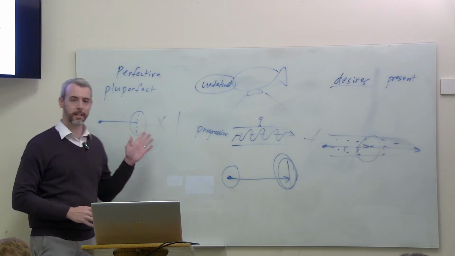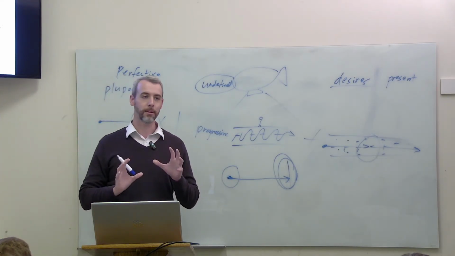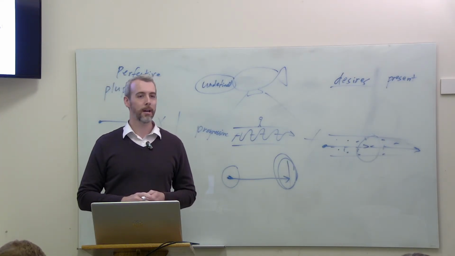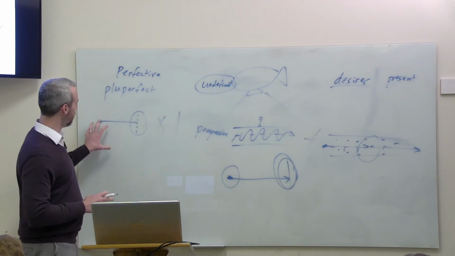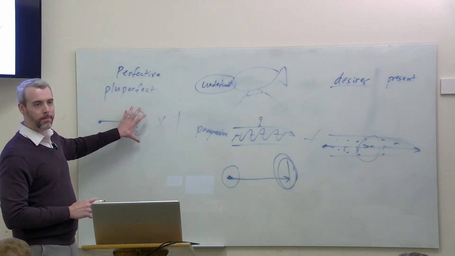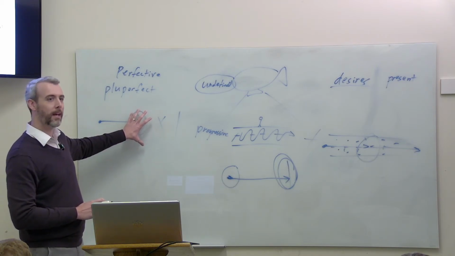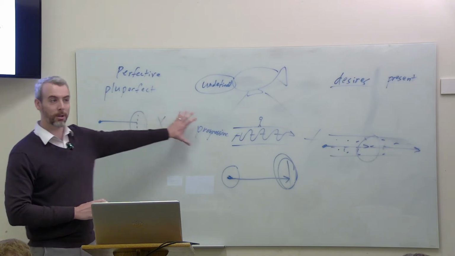This is the tense that John uses in 1 John chapter 2 of they went out from us, but they were not of us. That he uses a couple of pluperfects there to say these people were in a state of having been with us, and now they are no longer with us.